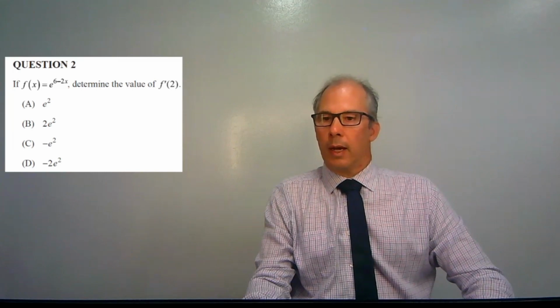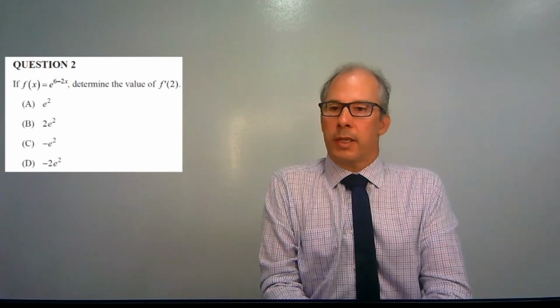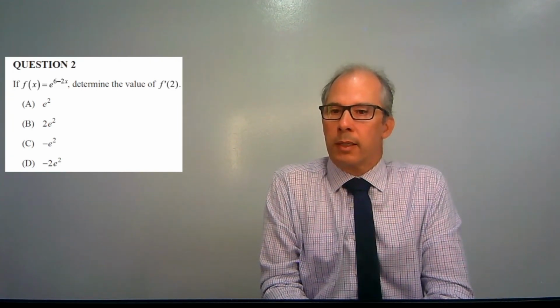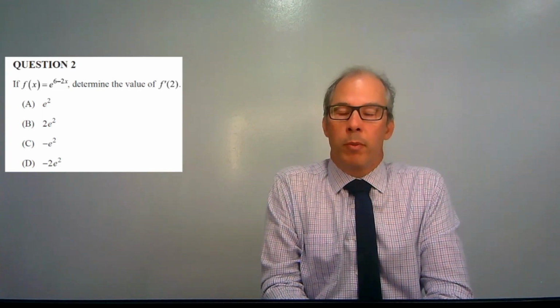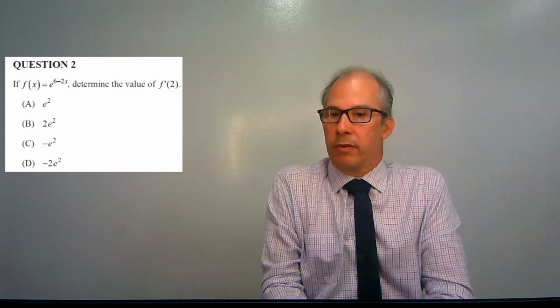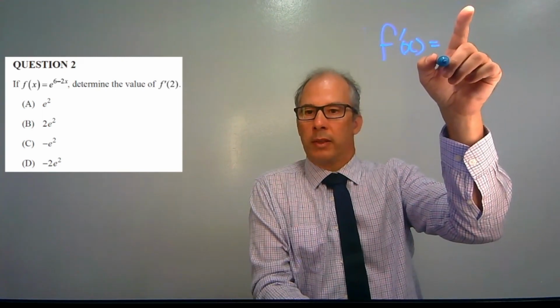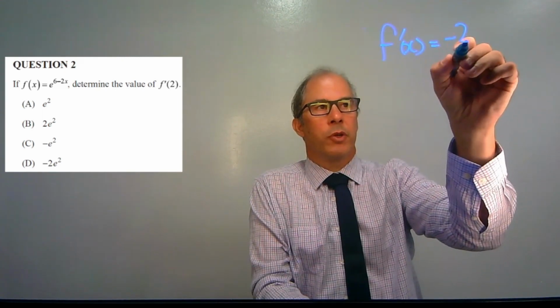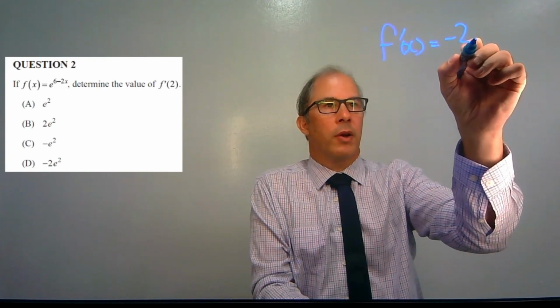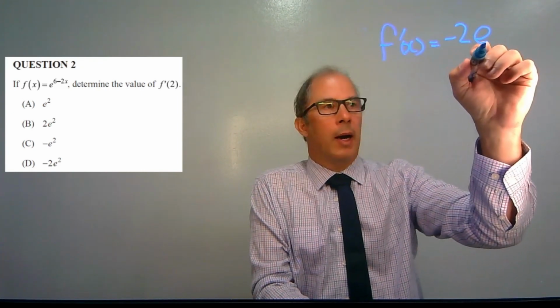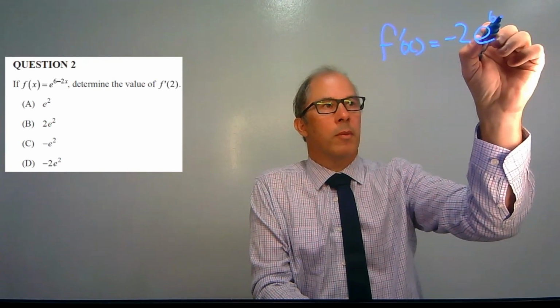Okay, question 2. We've got, if f of x is equal to e to the 6 minus 2x, determine the value of f dash of 2. So we need to find the derivative to begin with. The derivative of that 6 minus 2x gives me negative 2, so that comes out the front. Then I've got e to the 6 minus 2x.